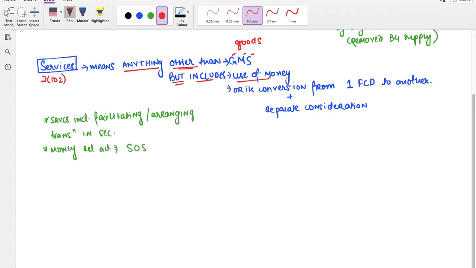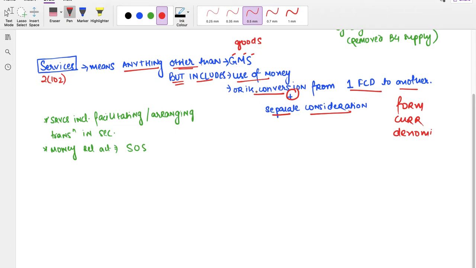One is use of money, and next is its conversion from one FCD to another. What is FCD now? Form, currency, and denomination. So use of money or its conversion from one FCD to another plus separate consideration. So you must have charged a separate consideration for that particular activity to be called a service.